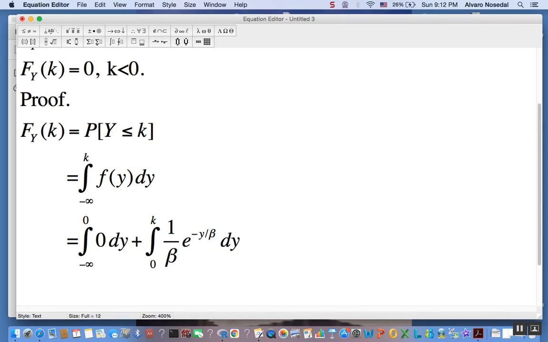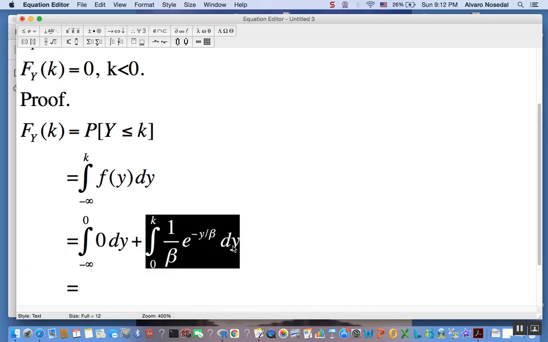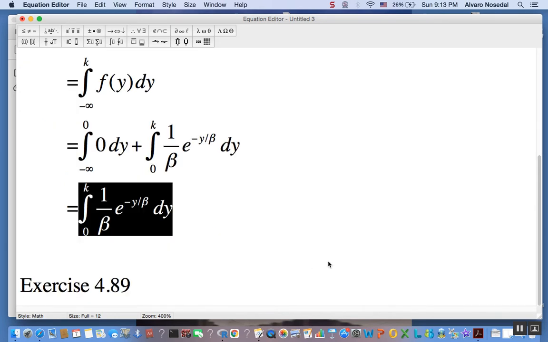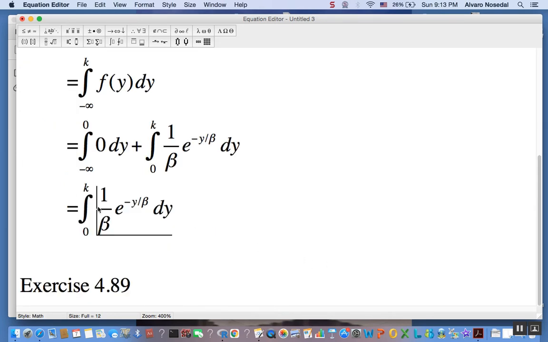Okay, great. The first integral, easy, right? It's just a 0. So this one is the interesting one. Let me copy paste that guy. There we are. Now, we have seen that before, right? And it's easy to integrate.